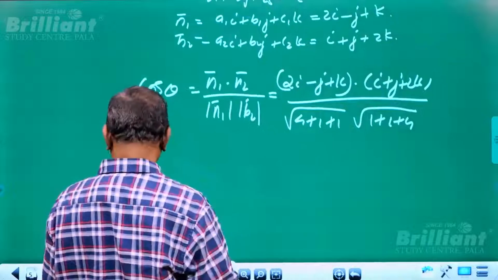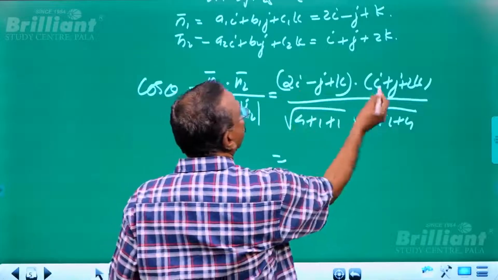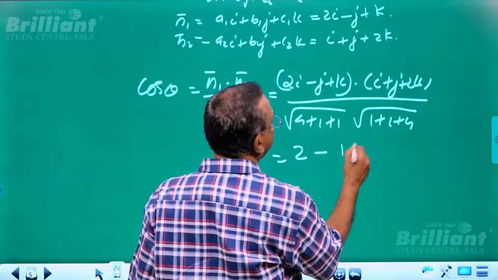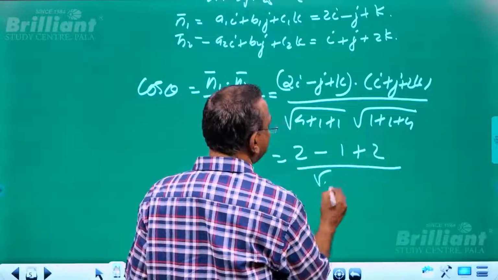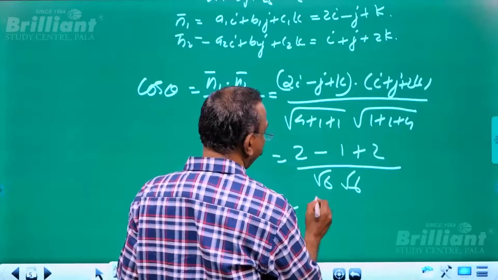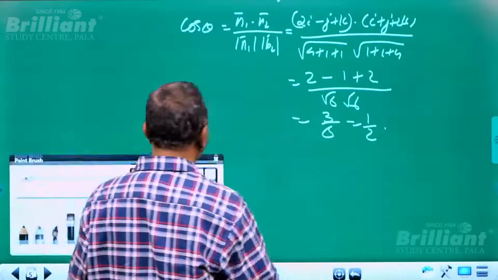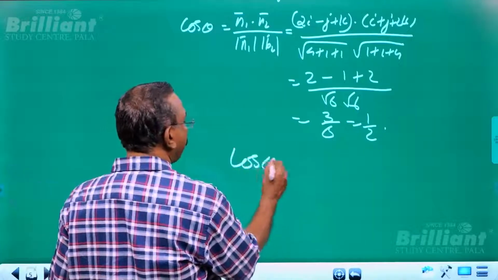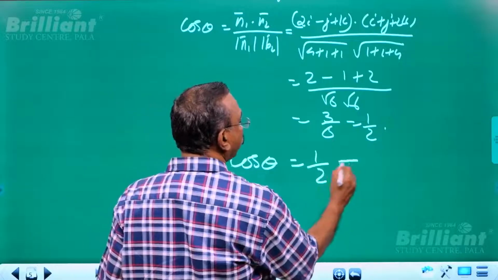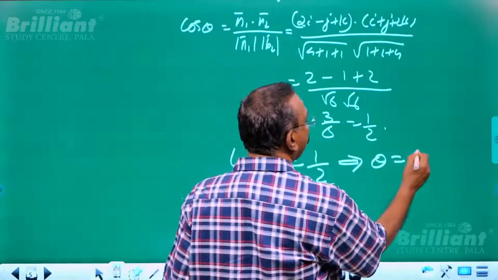So it is equal to 2 times 2, that is 2, minus 1 plus 2, divided by root 6 into root 6, that's equal to 3 divided by 6, which is 1 by 2. Therefore, cos theta is equal to 1 by 2, which implies theta is equal to pi by 3.